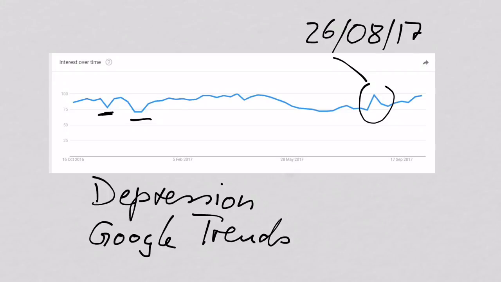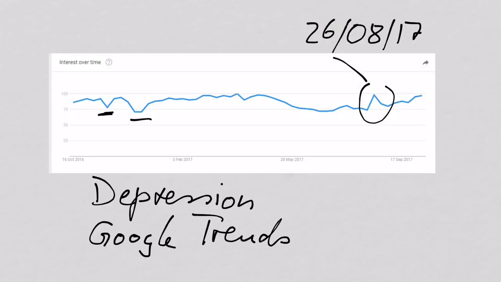What happened on the 26th of August? Anyone? That's just 2 months ago. The hurricane season started with Hurricane Harvey going through Texas and flooding Houston. Yeah?